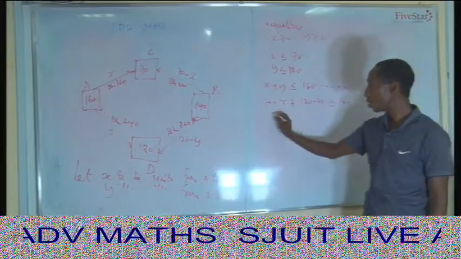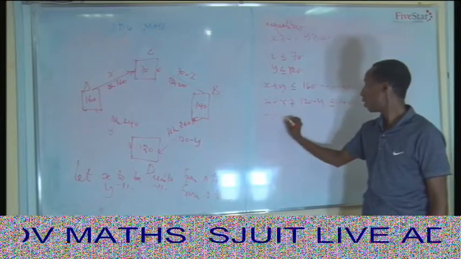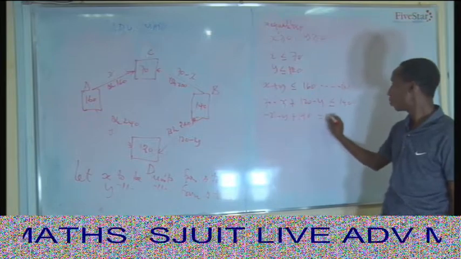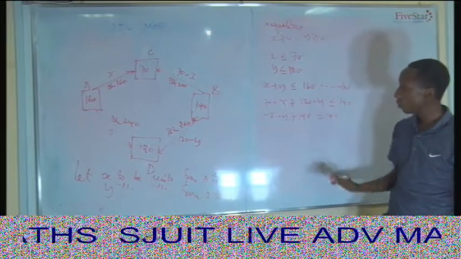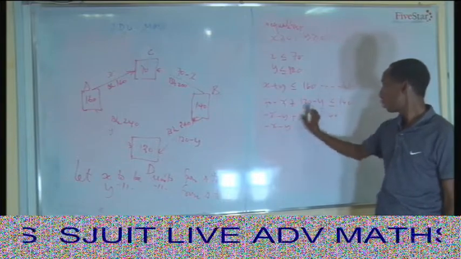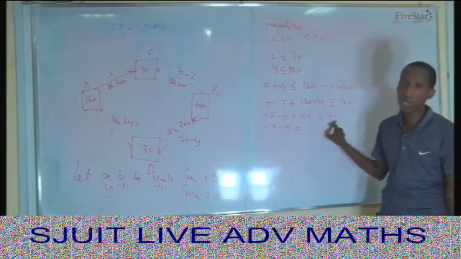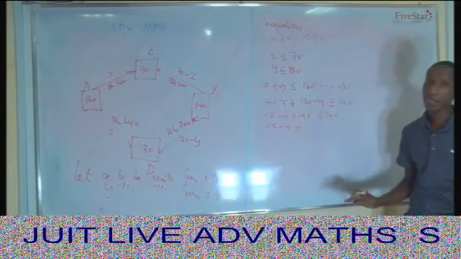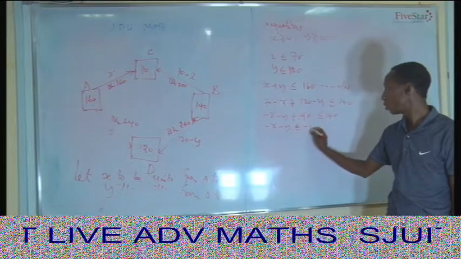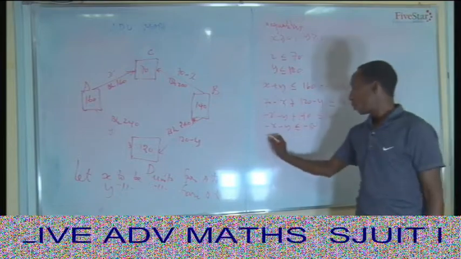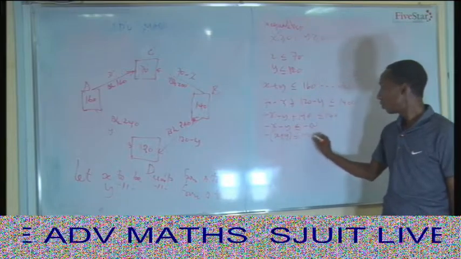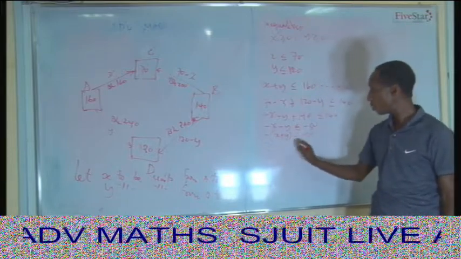So simplifying, we get negative x minus y plus 70 plus 120, which is 190, less or equal to 140. So negative x minus y is less or equal to 140 minus 190, and that is negative 50. Now we divide by negative 1 throughout.